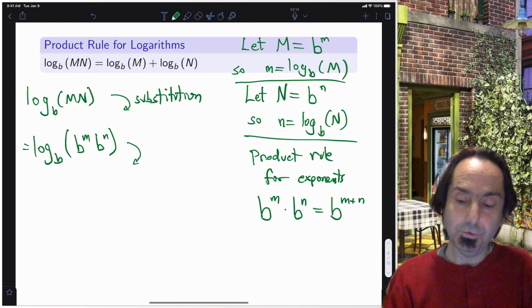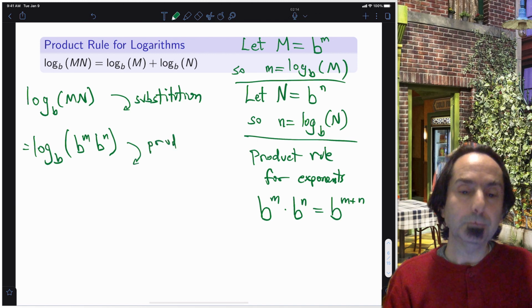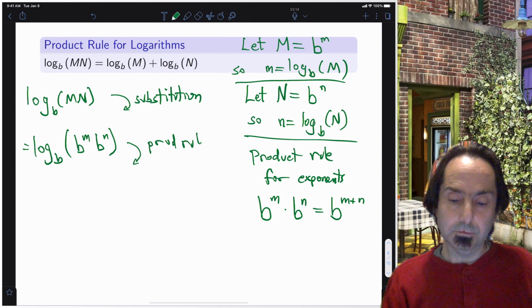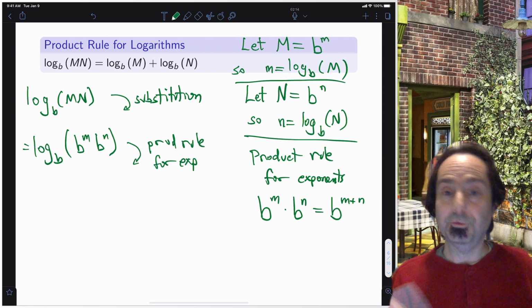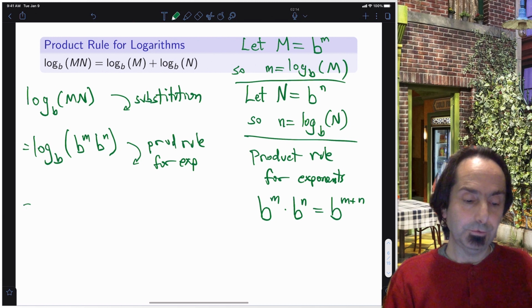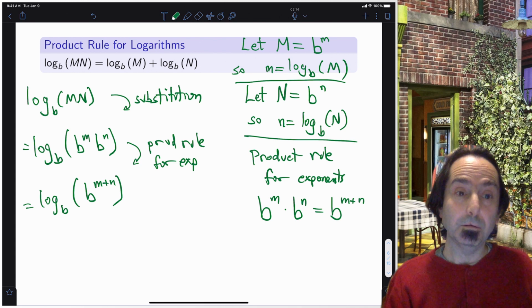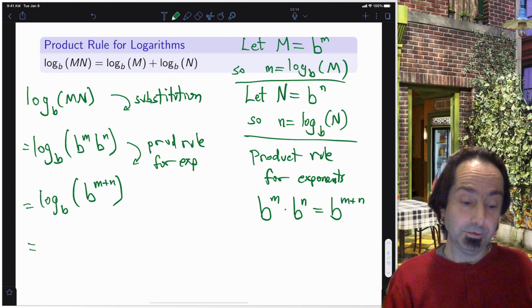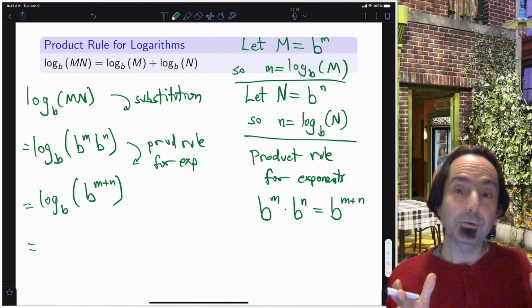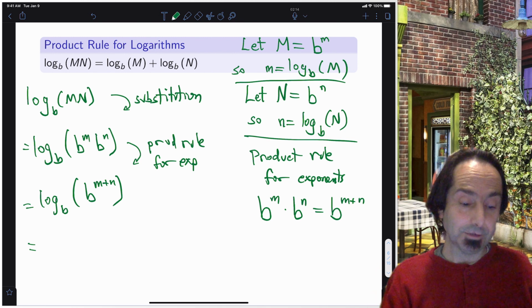And now we're going to do the product rule for exponents. It's there on the right. And this is going to be log base b of b to the m plus n. Hey, that just is the exponent. The logarithm function says, give me back the exponent, so that's just m plus n.